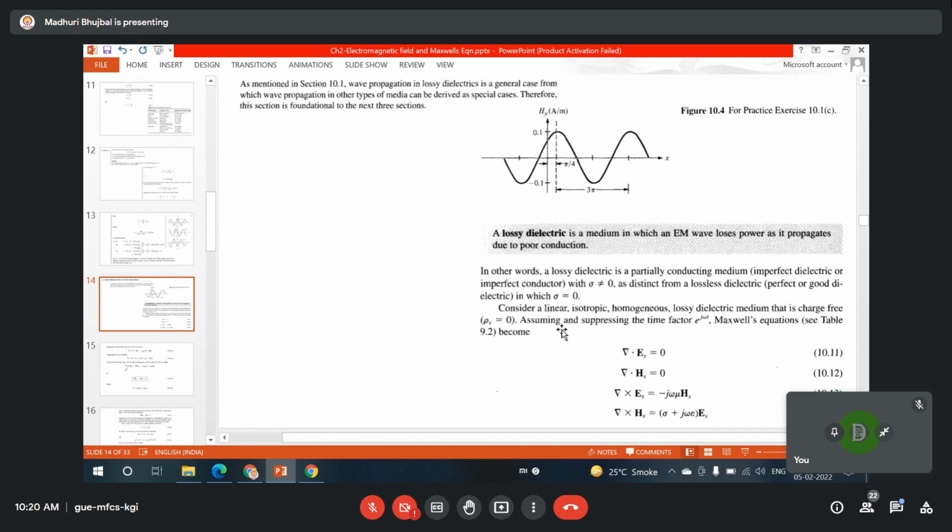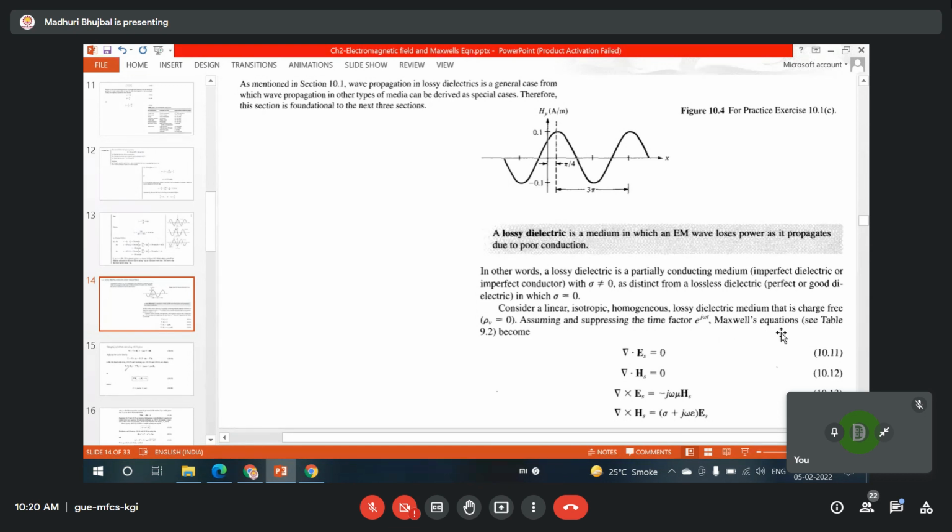Now next write down, assuming and suppressing the time factor e^(j omega t), Maxwell's equations become, now we will write the Maxwell's equations for this particular condition.